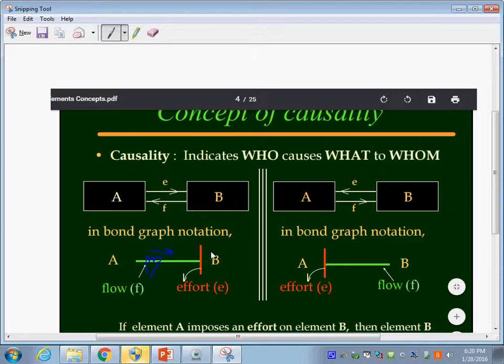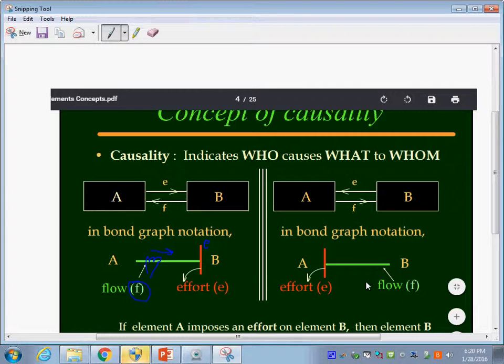You see, this is the effort right there. So the effort goes from A to B, but the flow, which is the green line, goes from B to A. The opposite is true here too.